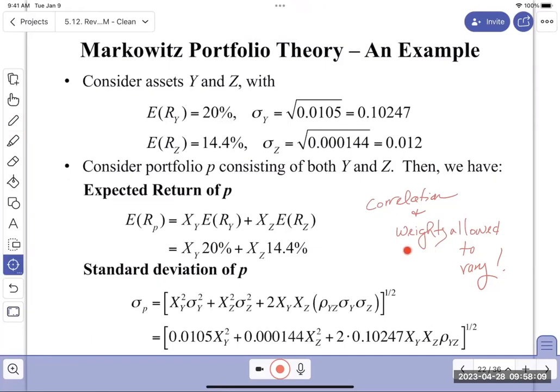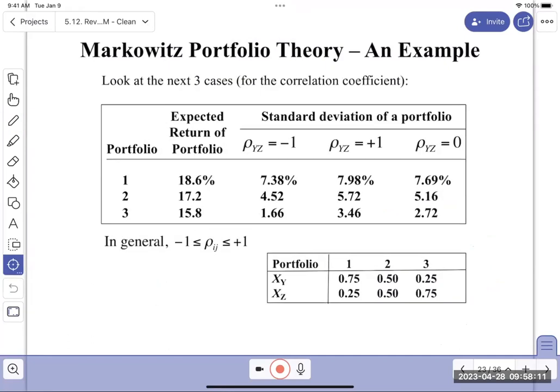I get to choose the weights. So you see here, I'm going to say the correlation is given. But let's consider these different options for weights.